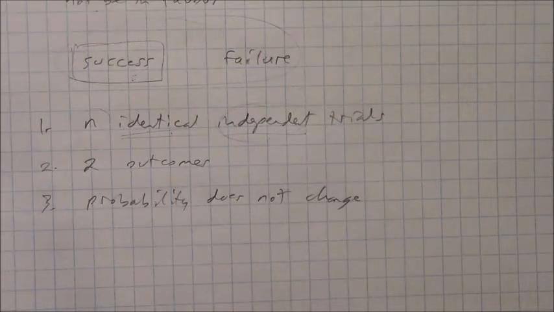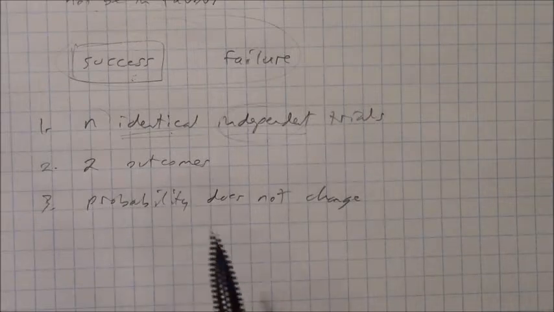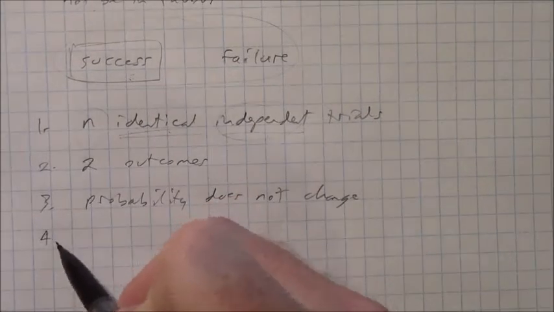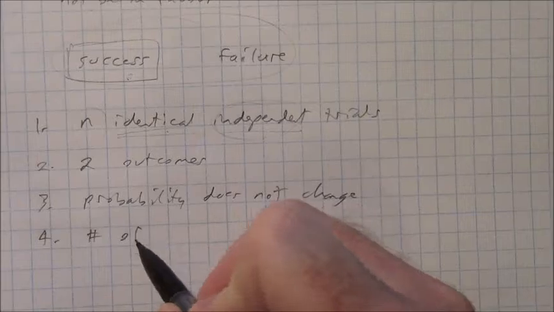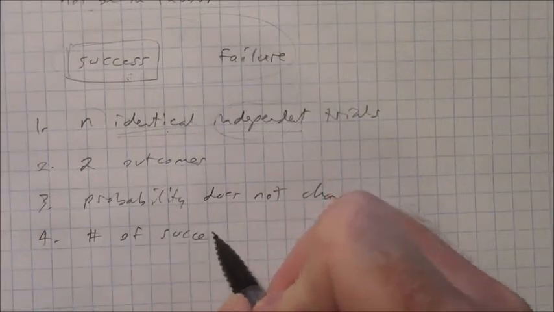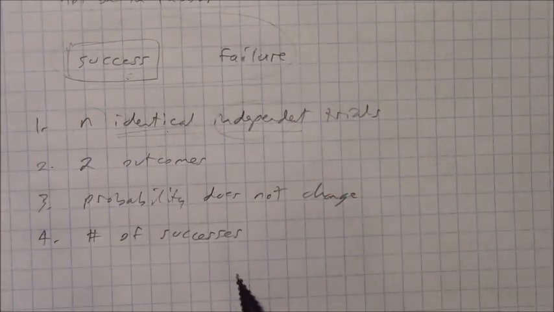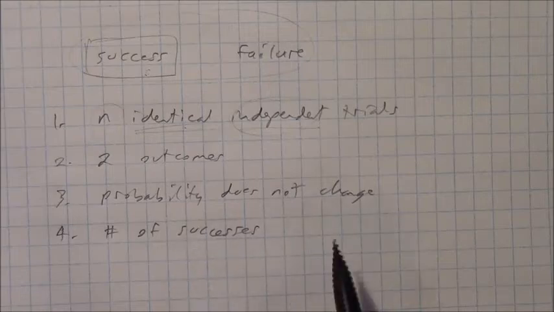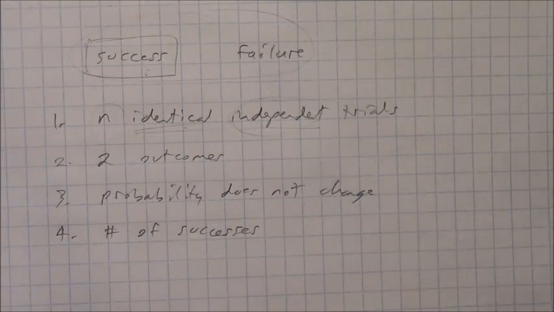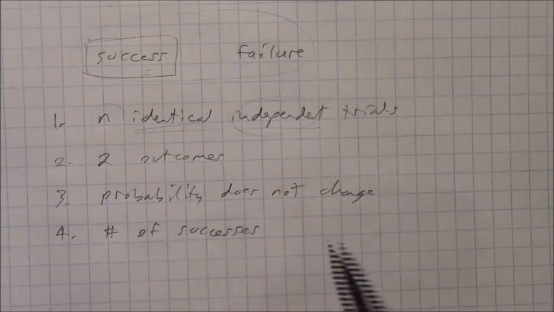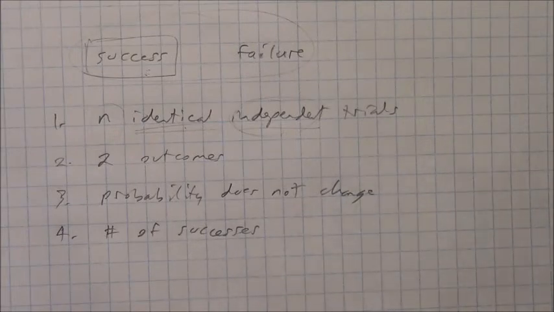And the whole idea of these experiments is to determine the number of successes. Okay, so whatever you choose as a success, that's all you're really trying to find out. You don't care how many failures there are. The order doesn't really matter of the number of successes.